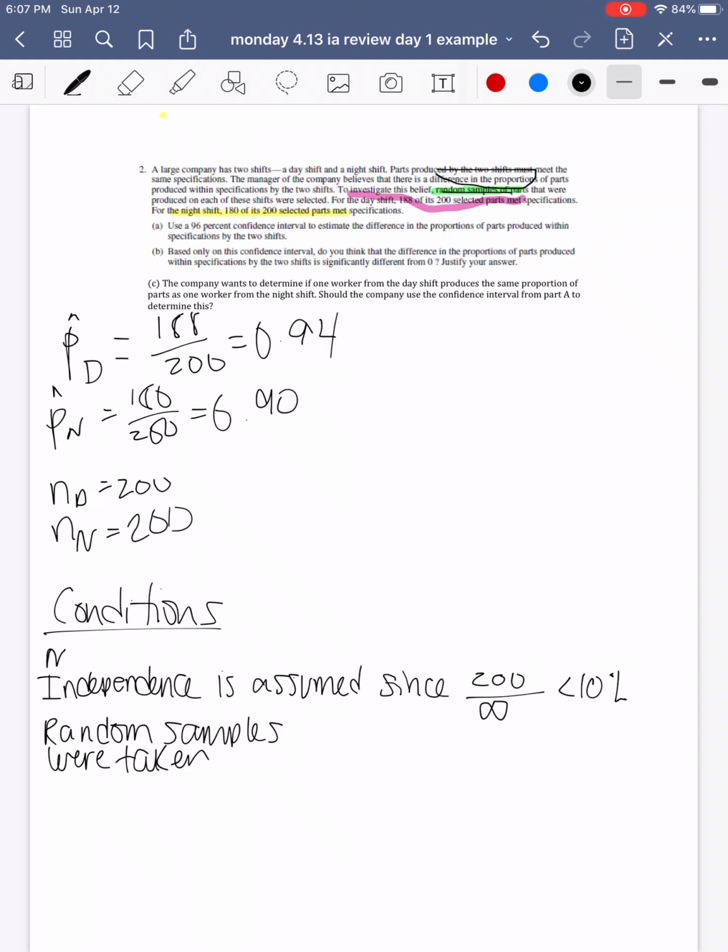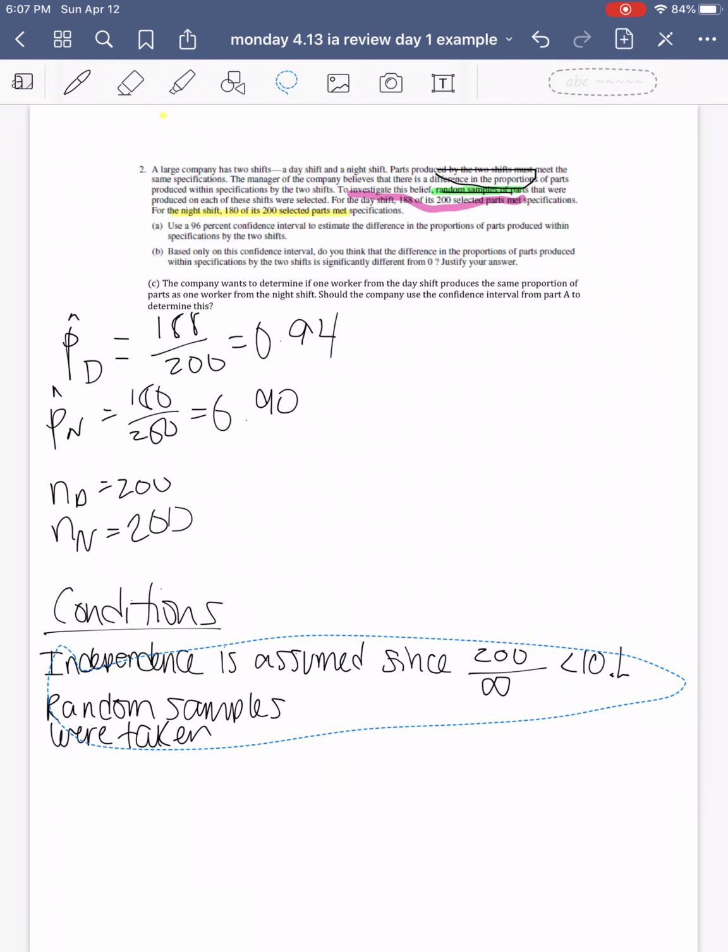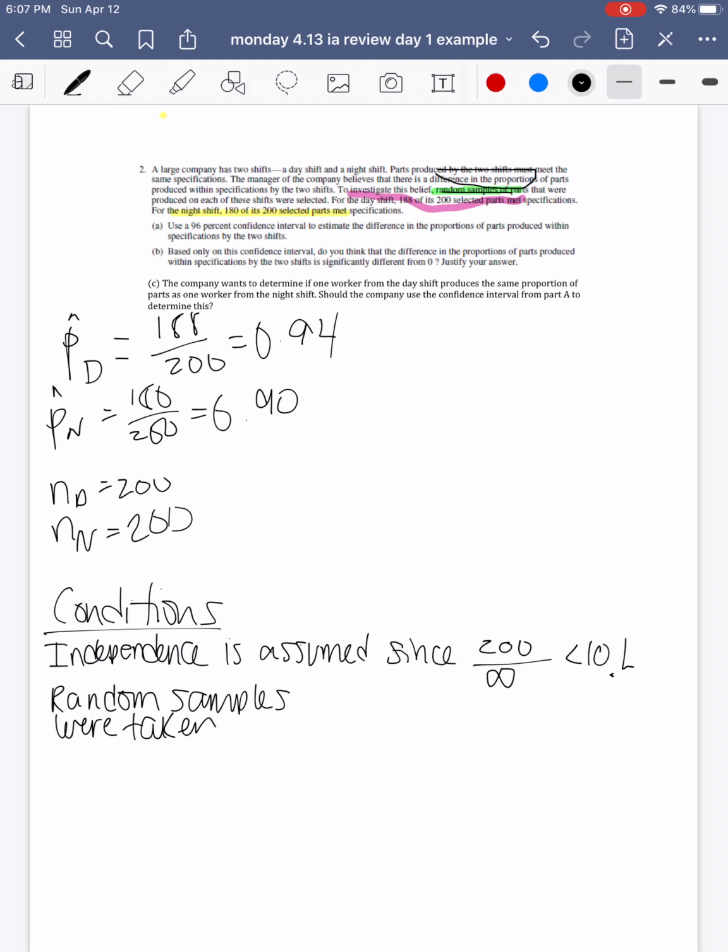And then lastly, the normal condition here. So this is a sample proportion, so we need to do n times p. Let's give ourselves a little space and do the normal condition down here. So n times p, and this is our first p, so p sub d, that's going to be 200 times 0.94, which gives us 188.